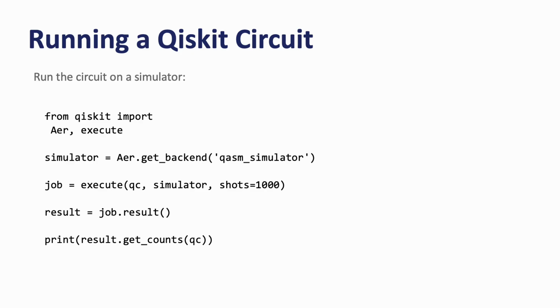In this particular circuit, you should see roughly 500 zeros and 500 ones because the Hadamard gate puts the qubit into an equal superposition. This hands-on experience with running quantum code is exciting because it connects the theory we have been discussing to actual computational results.